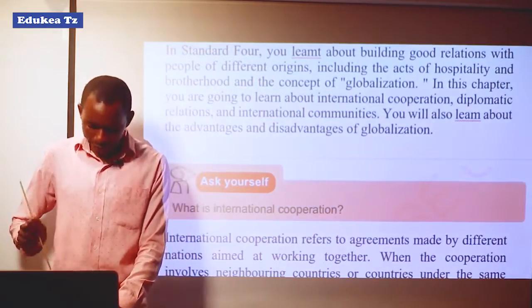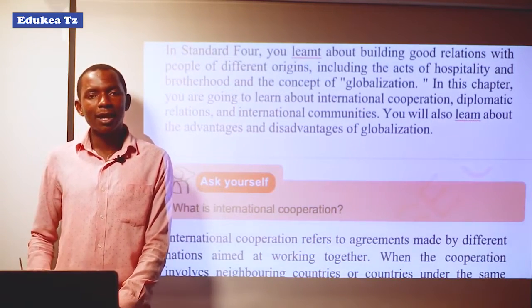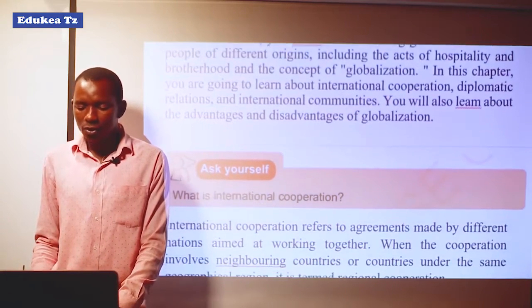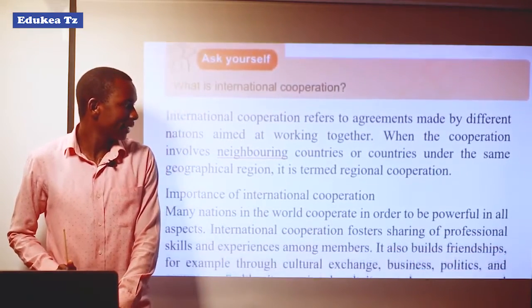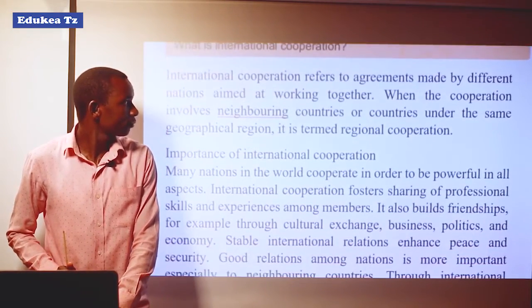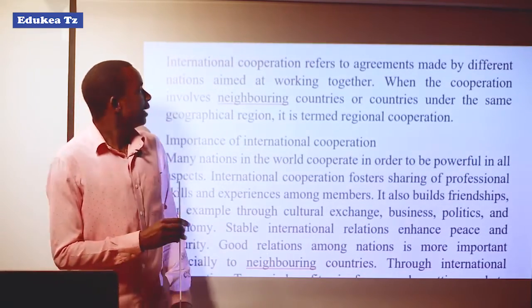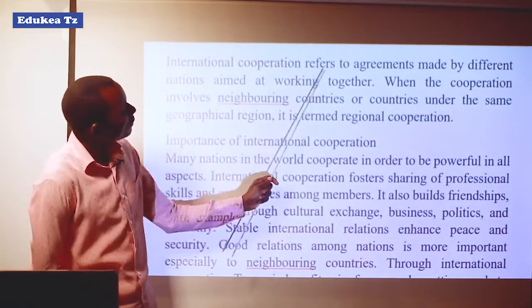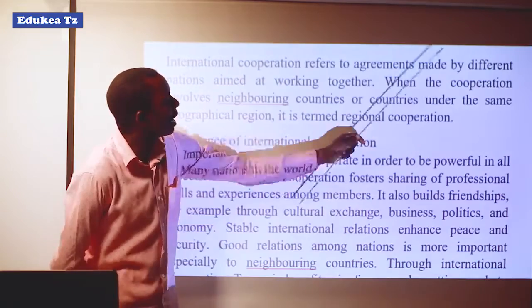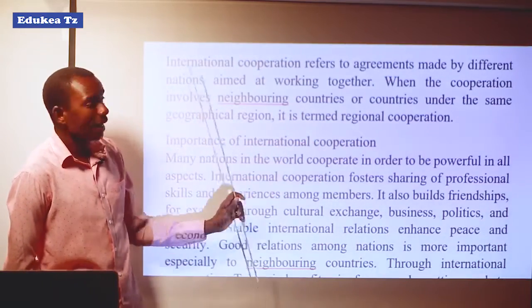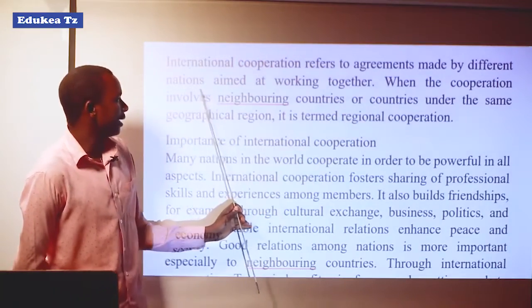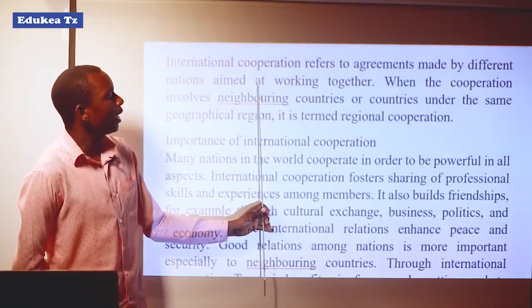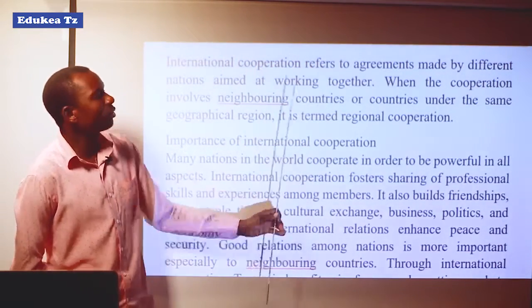Have you ever asked yourself, what is the meaning of international cooperation? International cooperation refers to the agreements made by different nations aimed at working together.